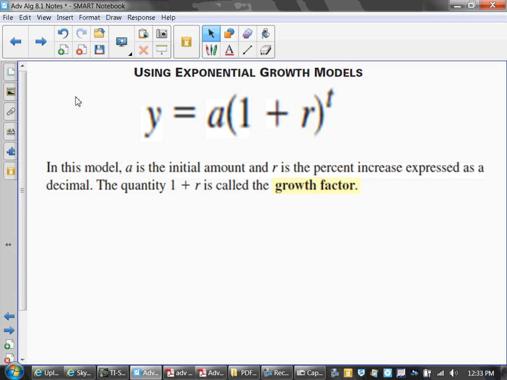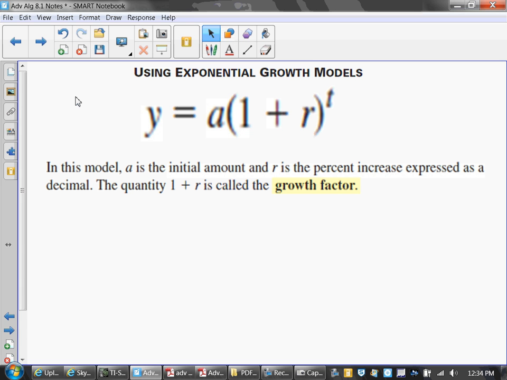But remember, when you're dealing with these word problems, they're going to give you a formula. You just have to know what parts mean what. That's all. And they're all basically the same. So what you have here is this exponential growth model. It starts out y equals a times the quantity 1 plus r, all raised to the value t.